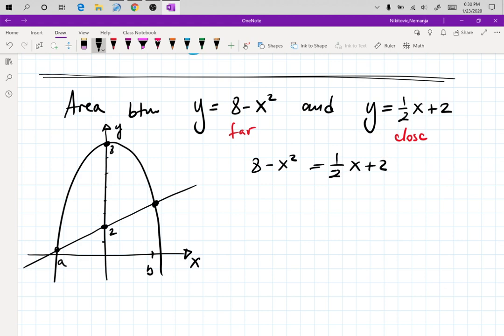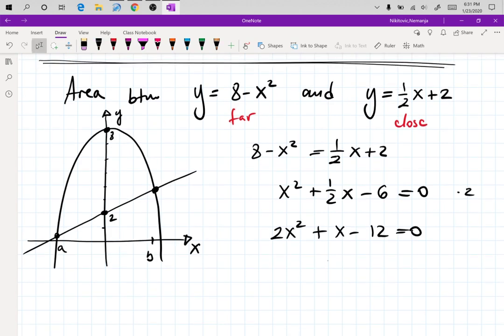Now the first order of business is to put everything on the same side. So I'm just going to say x squared plus 1/2 x, and then minus 6 equal to 0. I move everything to the right. X squared becomes positive, 8 becomes negative 8, and then plus 2 is negative 6. And then I'm going to multiply the whole thing by 2 to kill the fraction. And this is something that I need to solve.